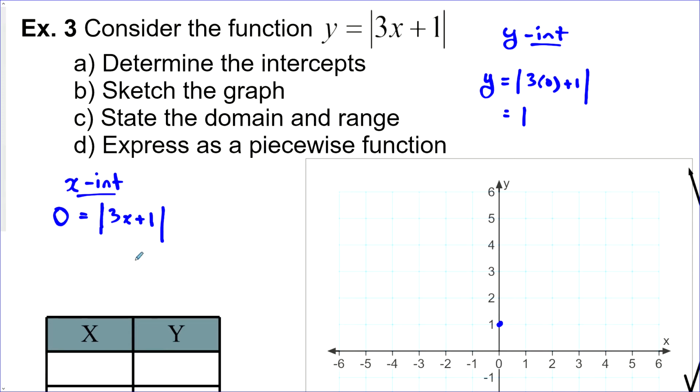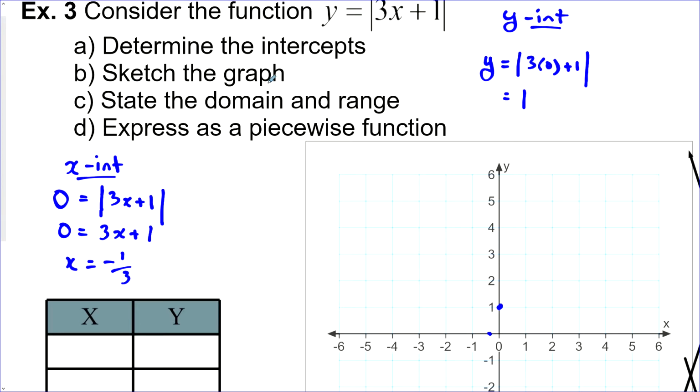So we can just get rid of them, ignore them, because it equals 0. So it's just 0 equals 3x plus 1. Now do some algebra, and you'll get x is equal to negative 1 over 3. And that's our x-intercept. So I'll put that on the graph here.